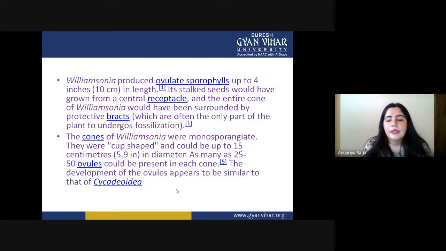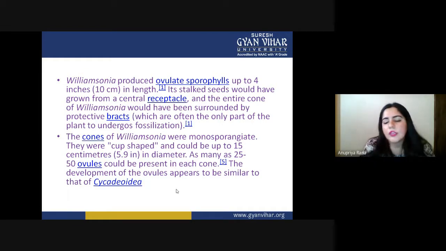Basically, the stalked seeds would have grown from a central receptacle, the central axis on which these sporophylls were borne. That is the part where the whole seed would be produced or attached, and the entire cone of Williamsonia would have been surrounded by protective bracts.